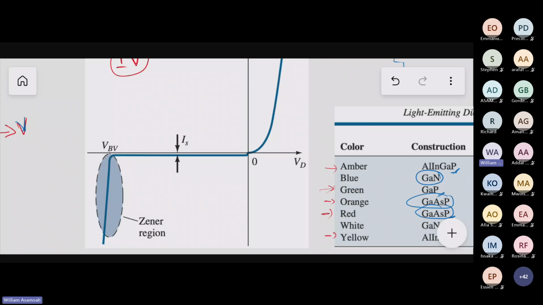But whenever you increase the voltage and it exceeds that maximum reverse bias voltage, it will suddenly conduct, but it must not conduct. That time you've destroyed the diode, it won't work again. It doesn't behave like a diode again. It now becomes a conductor because the maximum reverse bias voltage has been exceeded. Please, do we understand? Then it behaves like a conductor.